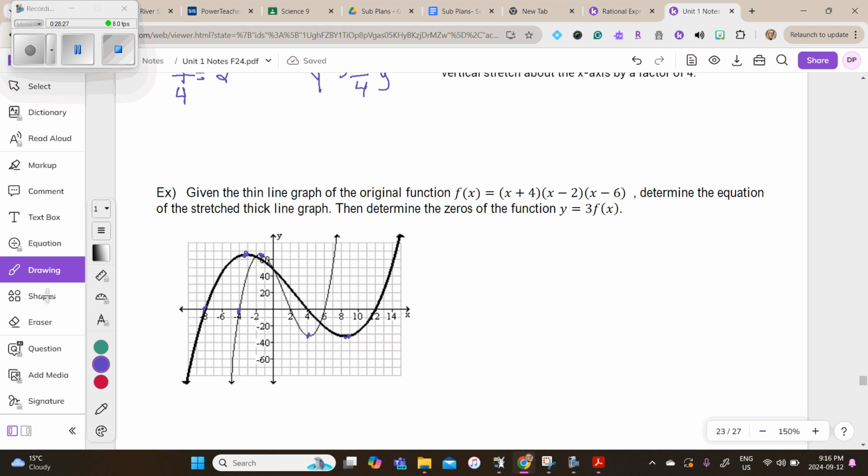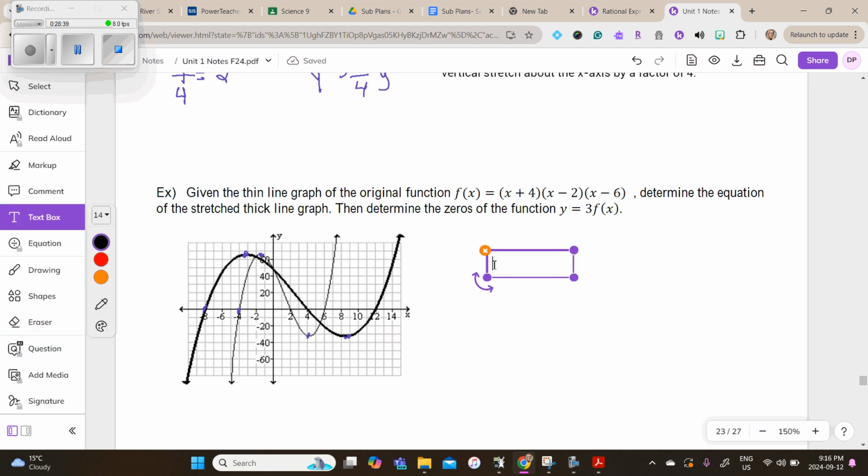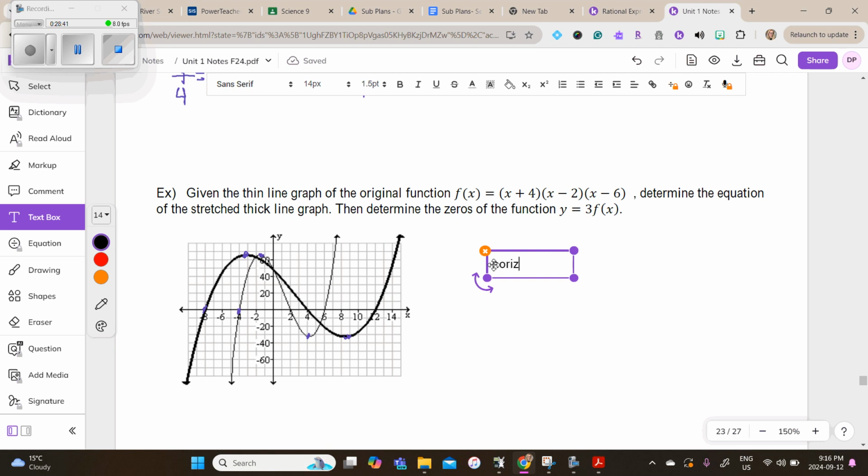So that likely means that we are multiplying by a factor of 2. So we have a horizontal stretch by a factor of 2 about the y-axis.